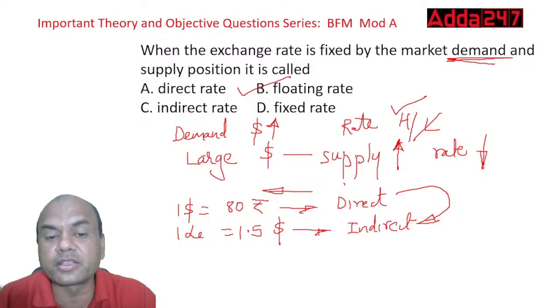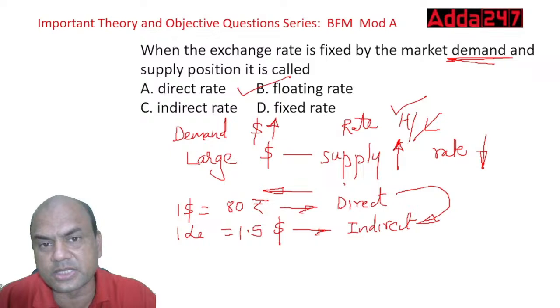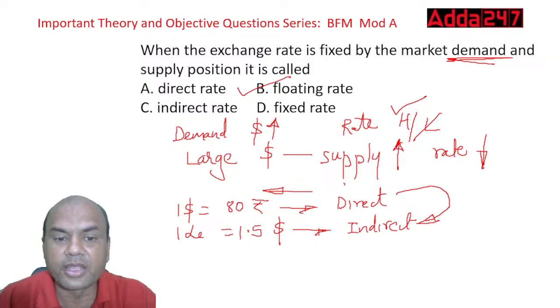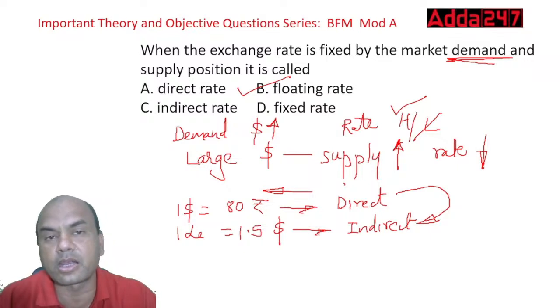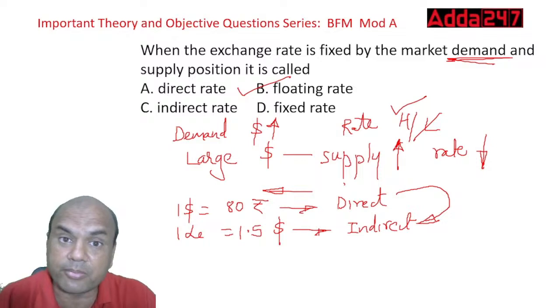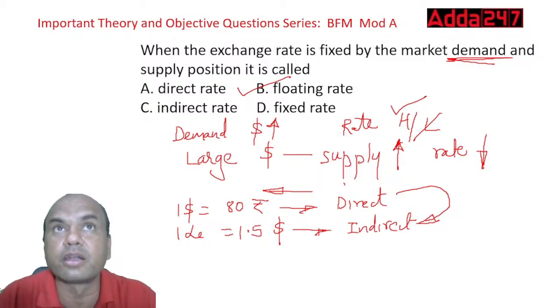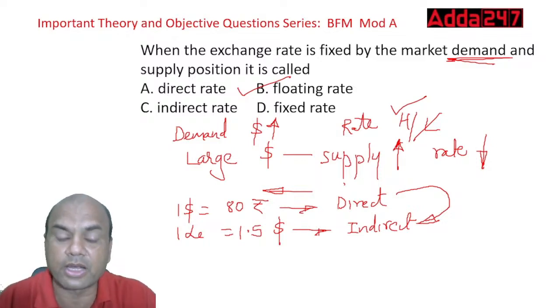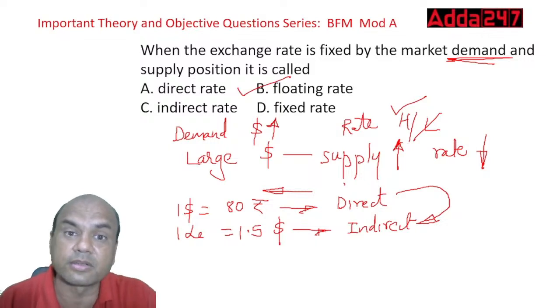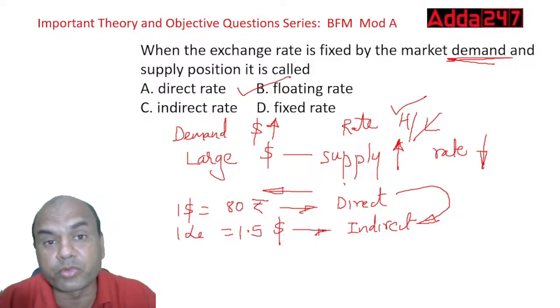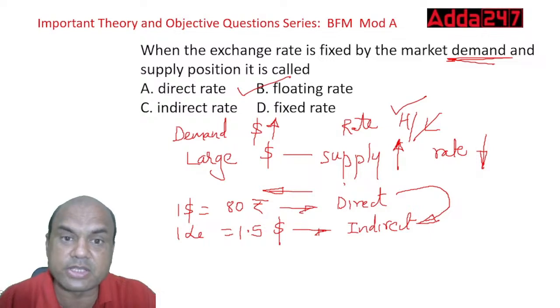And in the coming years, if we grow with such a speed, there will be a time when our direct rate will be converted to an indirect rate. We will be the governing power, because we are planning to become the third largest economy. We are right now at fifth and moving towards third. When we move towards the third, these rates will change.